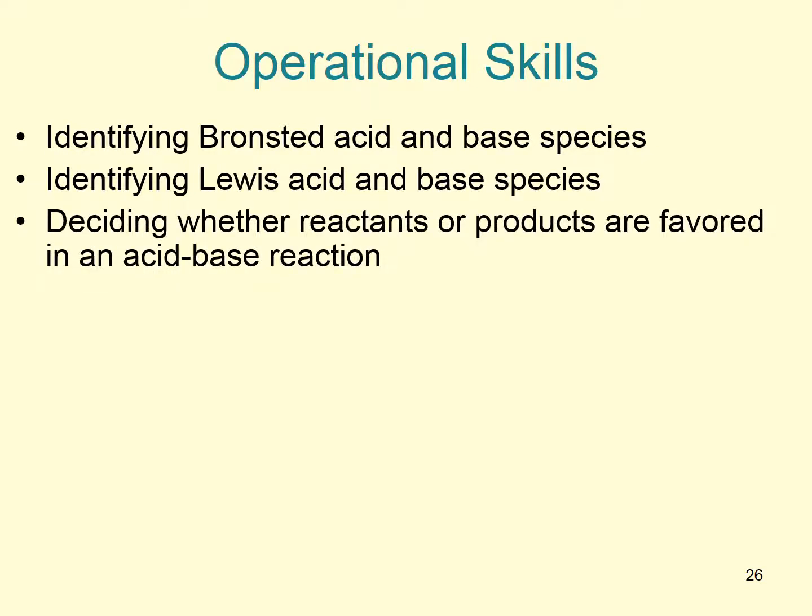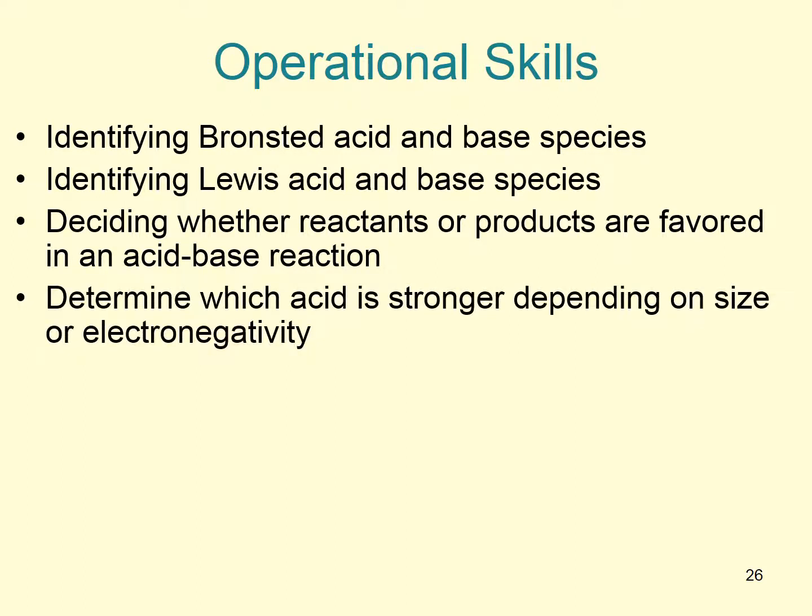Be able to decide whether reactants or products are favored in an acid-base reaction. Remember, in that case, you're always going from the stronger acid and stronger base to the weaker acid, weaker base. So you need to identify which is the acid on each side of the reaction and then which one is stronger. There'd be different ways I might tell you which one is stronger, but remember that the equilibrium always favors the weaker acid. It always goes to that side.